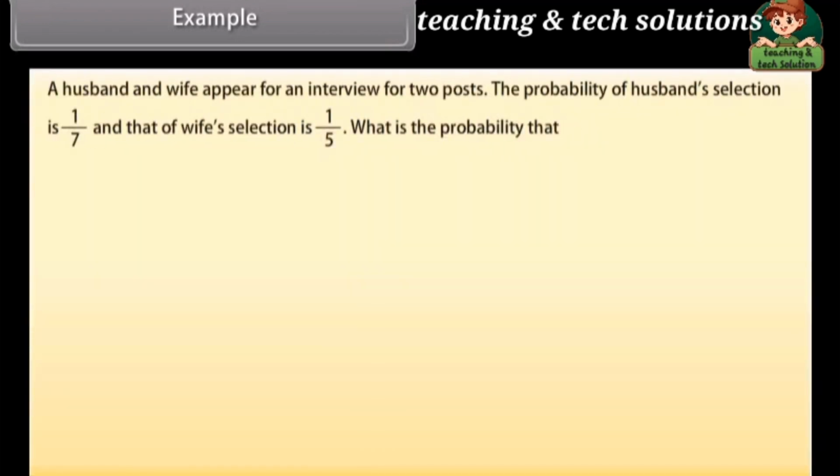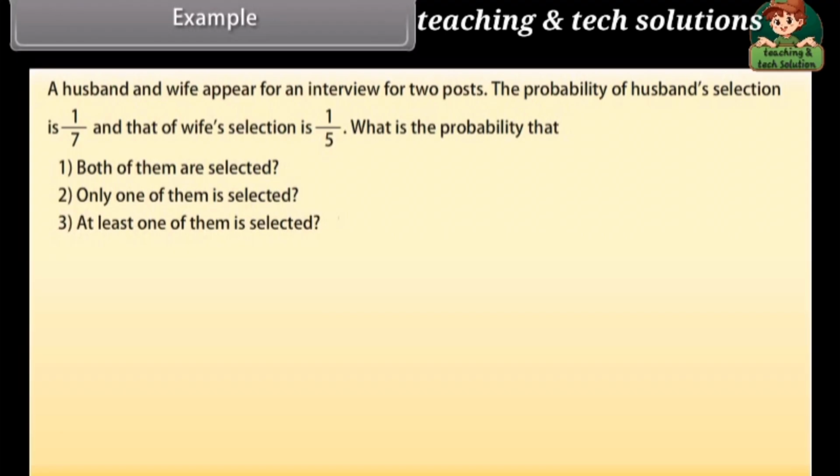Example: a husband and wife appear for an interview for two posts. The probability of the husband's selection is 1 by 7 and that of the wife's selection is 1 by 5. What is the probability that 1. Both of them are selected, 2. Only one of them is selected, 3.